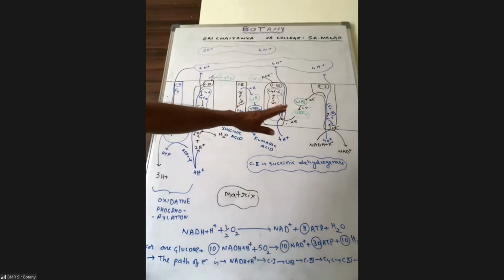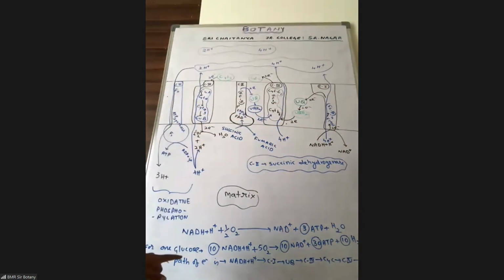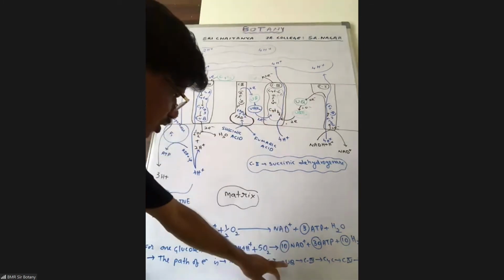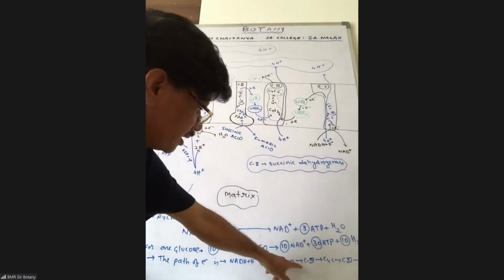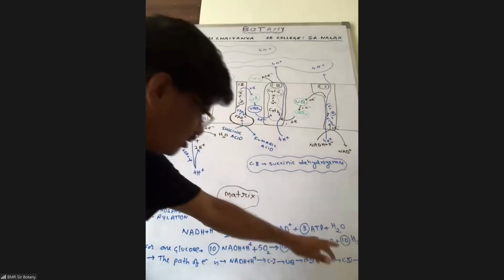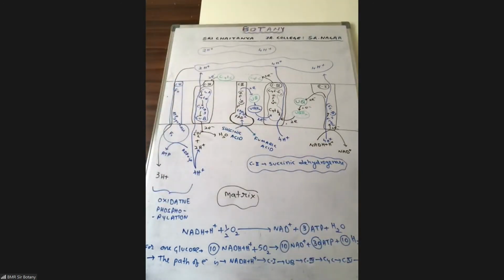If the substrate is NADH in the ETS, the path is this. First, NADH electrons go to complex 1, from there to ubiquinone, from there to complex 3, from there to cytochrome C, from there to complex 4, from there to oxygen. Finished. Now if it is FADH2 substrate, then complex 2, ubiquinone, complex 3, cytochrome C, complex 4, to oxygen.